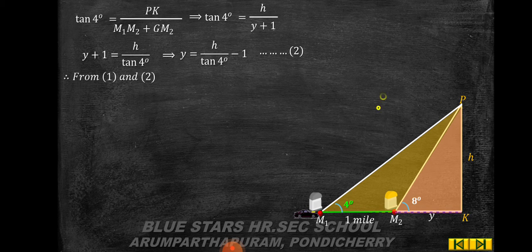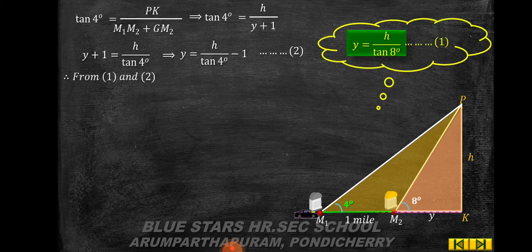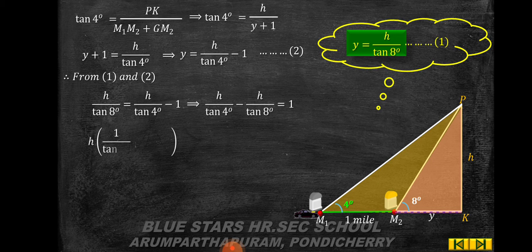Now from equation 1 and 2, the first equation is Y is equal to H by tan 8 degree. So equating 1 and 2, H divided by tan 8 degree is equal to H divided by tan 4 degree minus 1, which implies H divided by tan 4 degree minus H divided by tan 8 degree is equal to 1. We are taking H common out.